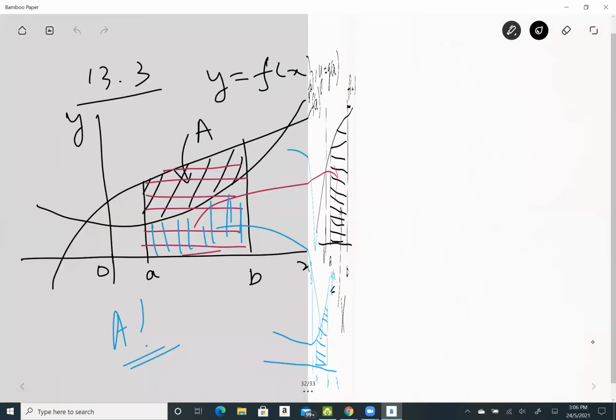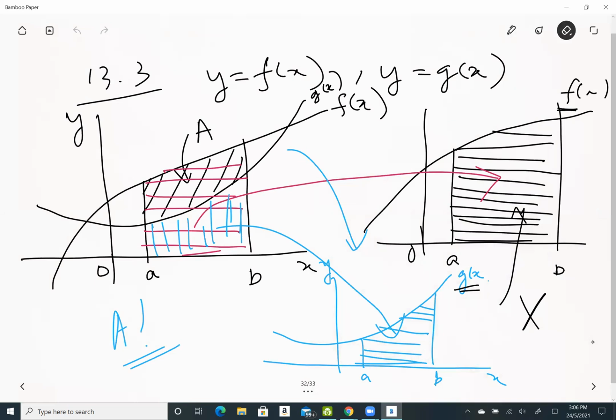In terms of integration, the area A, okay. Now if you look at the book, it's figure 13.15. They give you the diagram.